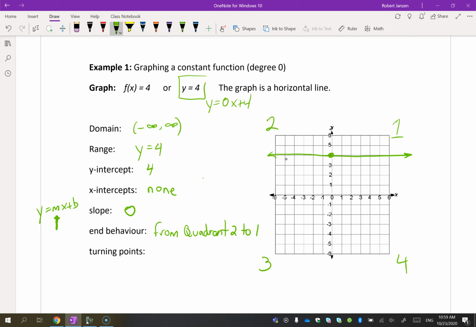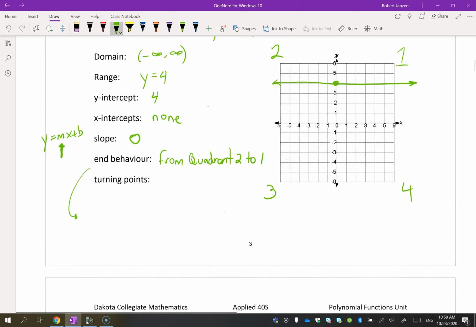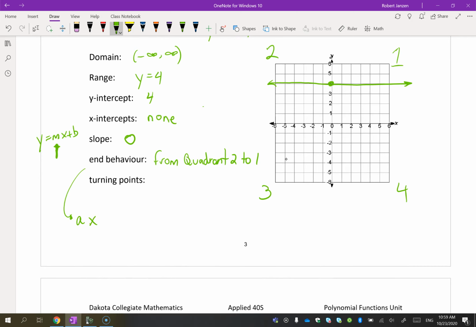But I would like to say, as x approaches infinity, the graph moves to quadrant 1.